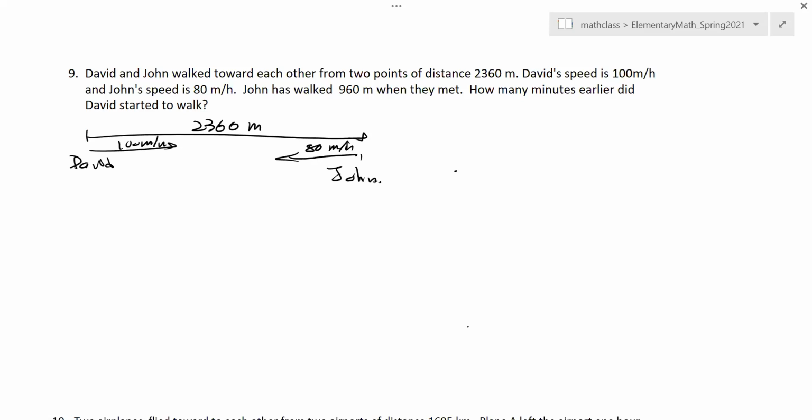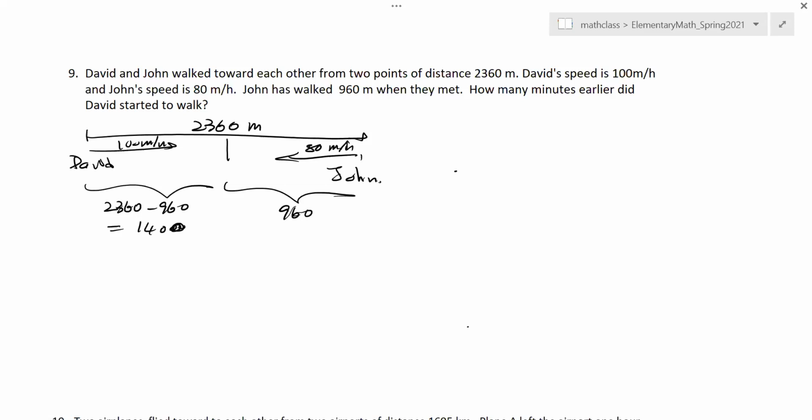I want you to solve it; it's a similar problem to the one we did. When they meet, John has traveled this distance, so you can also figure out the distance David traveled, which is going to be 1,400.